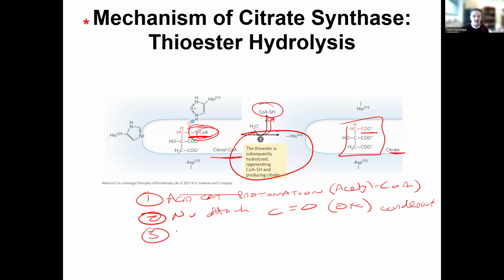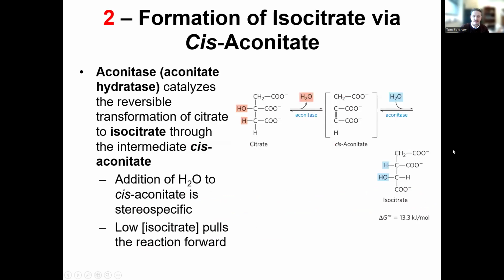And then step 3, you get the hydrolysis of citroyl CoA to citrate, citric acid. So I'd like you guys to be able to recall and briefly describe these 3 steps. That's important. Cool.